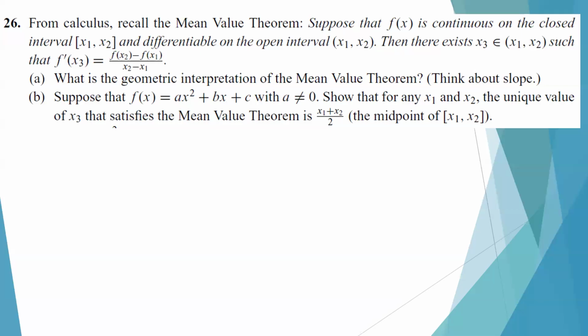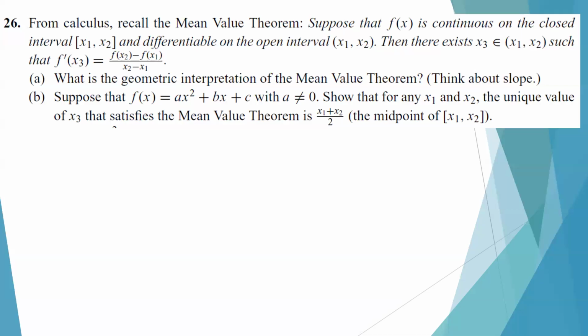So this is asking from calculus. You know that you guys know the mean value theorem. Suppose that f of x is continuous on the closed interval x1, x2, and differentiable on the open interval between the two. Then there exists an x3 that's between x1 and x2, not including x1 and x2.